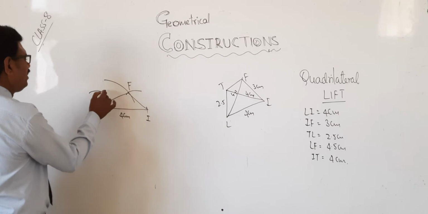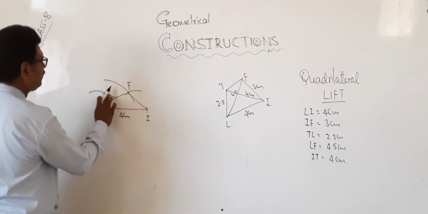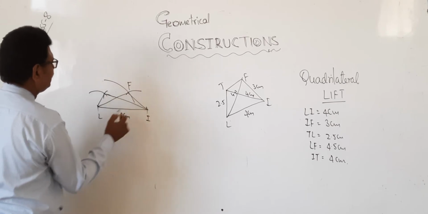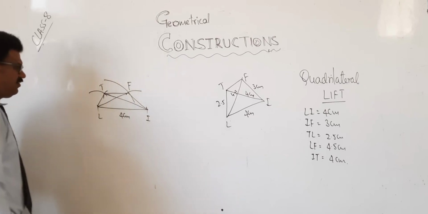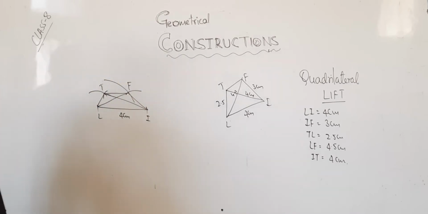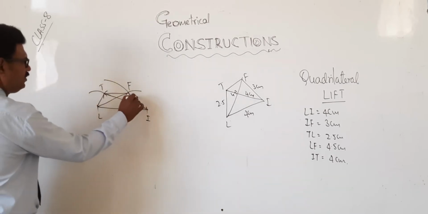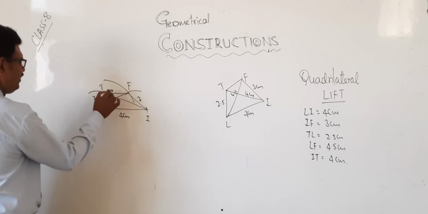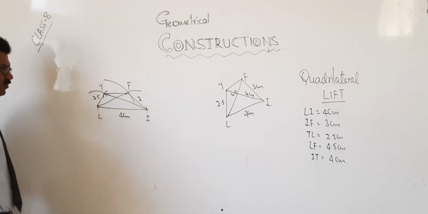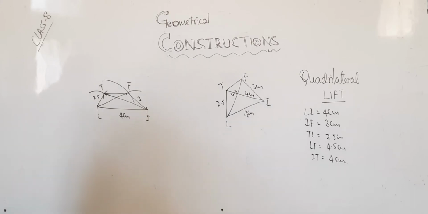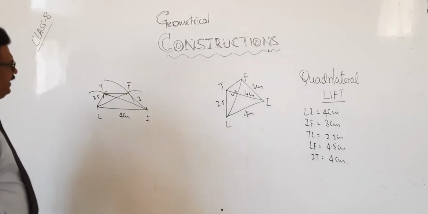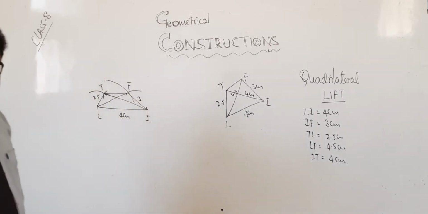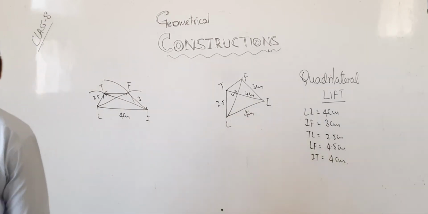From here you draw 4.5. Now it is nothing but T. Now join TF. 4, 3, 2.5. So like this you can draw a quadrilateral given 3 sides and 2 diagonals. Next problem.